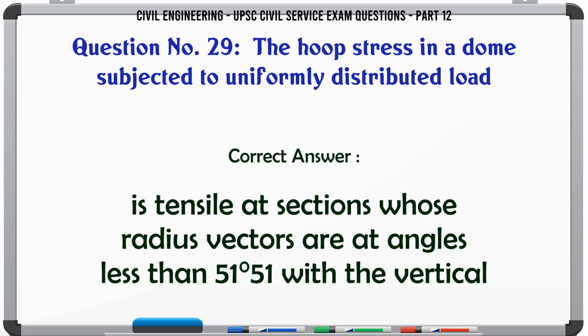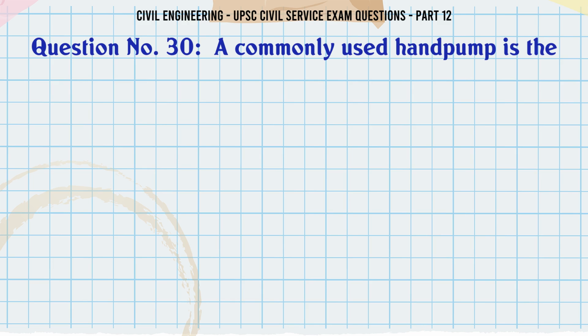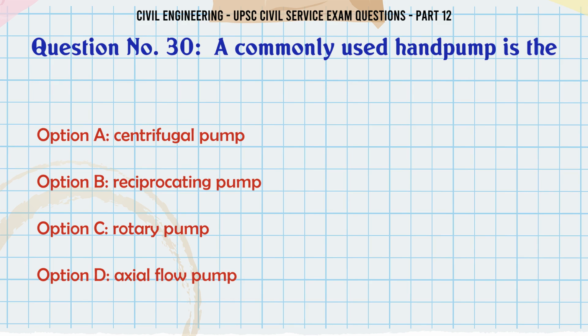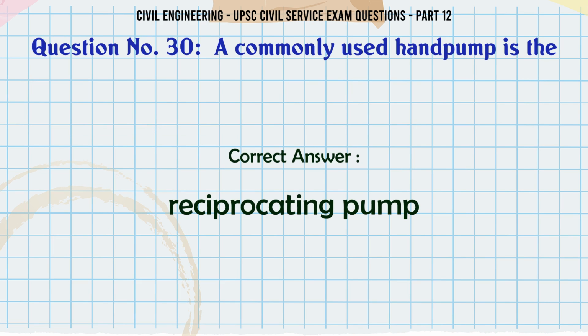The correct answer is tensile at sections whose radius vectors are at angles less than 51° with the vertical. A commonly used hand pump is the: A. Centrifugal pump. B. Reciprocating pump. C. Rotary pump. D. Axial flow pump. The correct answer is reciprocating pump.